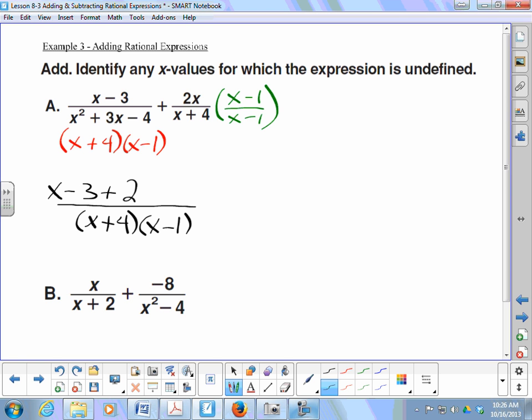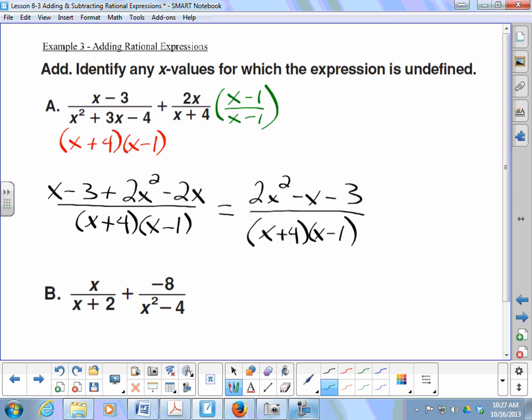So 2x squared minus 2x. Okay. I got a common denominator now. I can add my numerators together. So when I add them, I get 2x squared minus x minus 3. And I'm going to leave my denominator factored, okay, for right now.